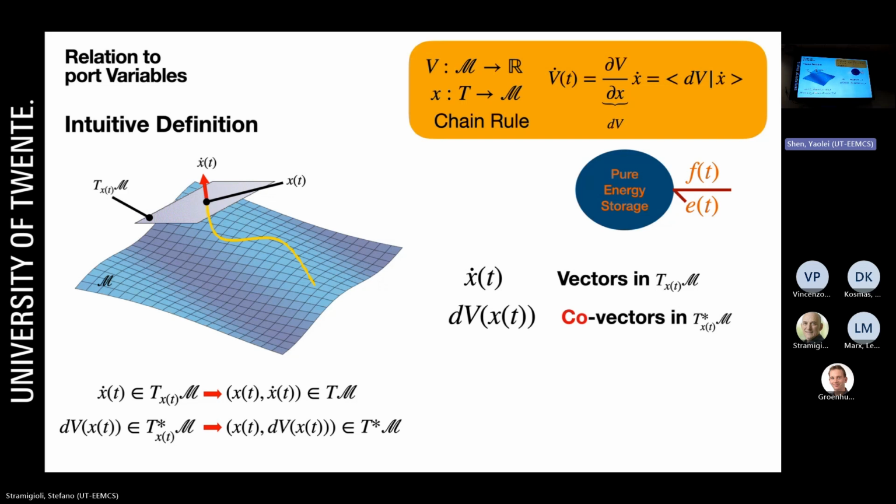How can you go from here to here? A 2-0 tensor. Very good, a 2-0 tensor. Bingo. So you will need something like this, and then you could do that.